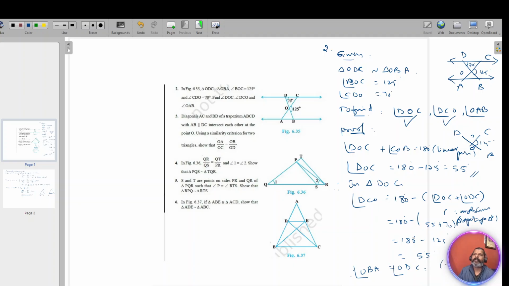That is ODC, we have the value ODC 70 only. We say triangle ODC similar to triangle OBA. Therefore, we just extract that from the above statement. OBA equal to 70.